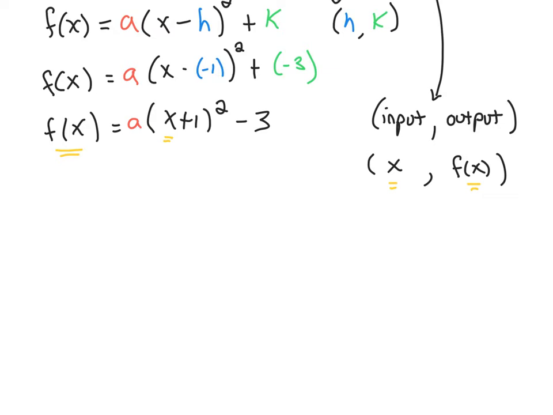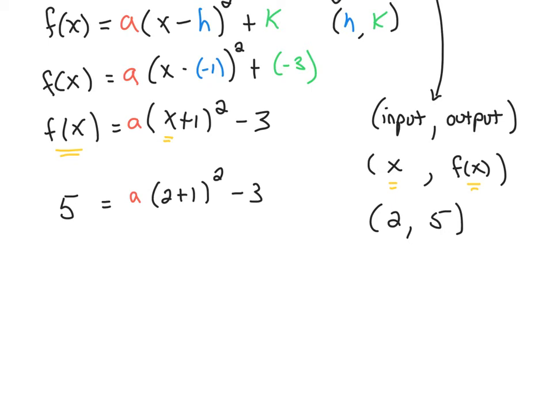Well, so I'm going to give myself a little reminder what that was. So this is 2, 5. So I'm just going to plug this in. And so 5 is equal to, and we still have a, times 2 plus 1 squared minus 3.